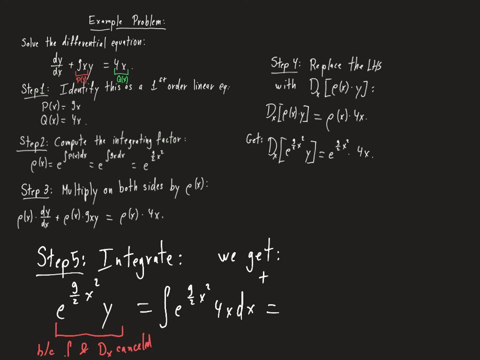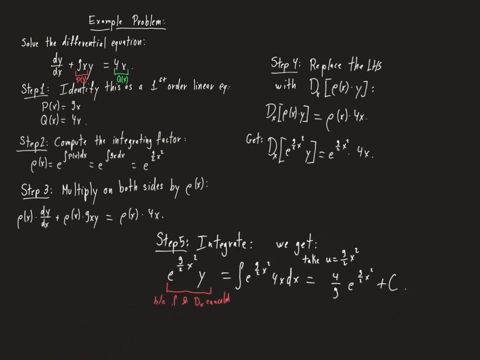I'll just simply say if you take u to be equal to 9/2 x squared and perform the u substitution, you should get, I believe, on this right-hand side, that integral is equal to 4/9 times e to the 9/2 x squared plus c.